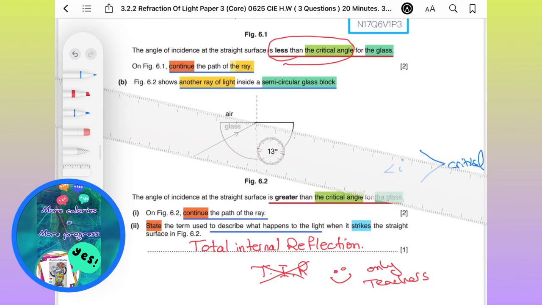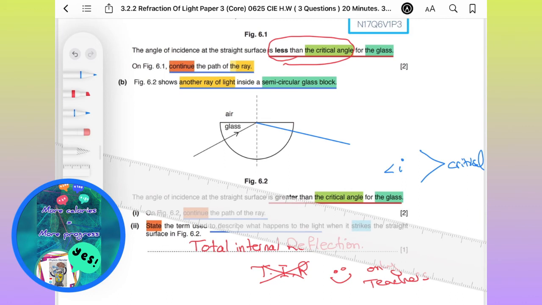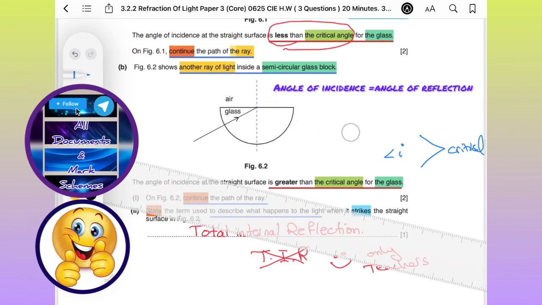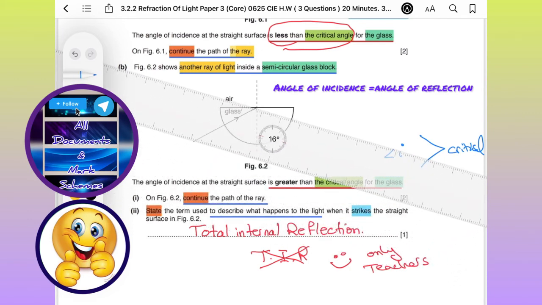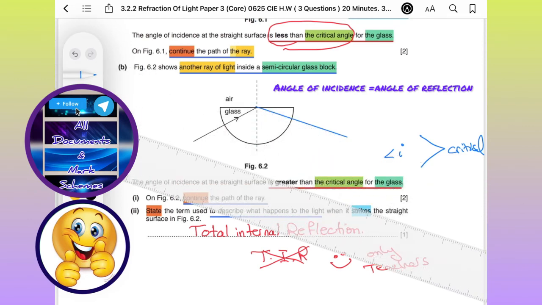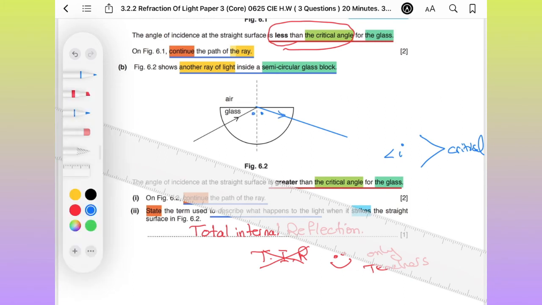So no need for protractor, but here by eye it will be reflected like this, maybe not accurate. So it will be totally internally reflected. This angle should be equal to this angle.